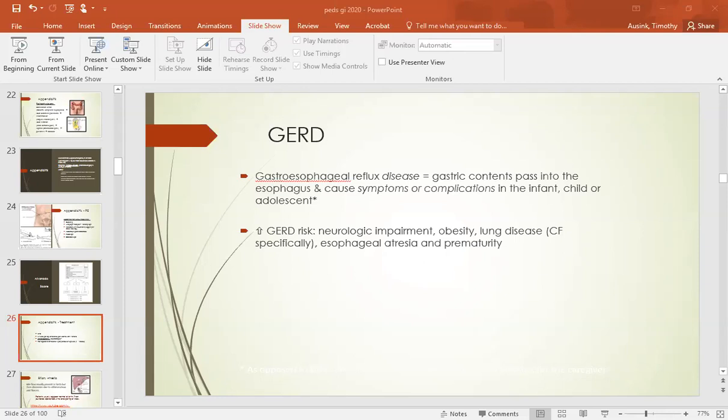Also with obesity, lung disease, though this is not going to be your tiny pediatric patients. If there's coexisting esophageal atresia, and if they're a premature child. Why would we care about premature children? They're not all the way developed. Their lungs also are not all the way developed. So if they were to aspirate, that would probably be more of a problem. Yeah.